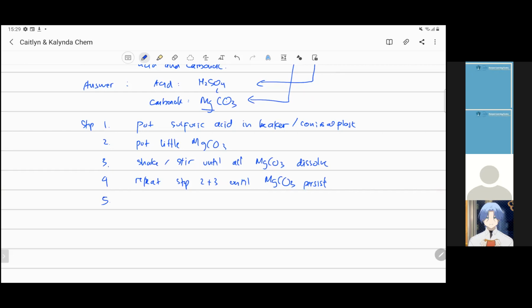When it persists here, what we do is, step 4, filter the solution, step 5, discard the residue, take the filtrate. 6.